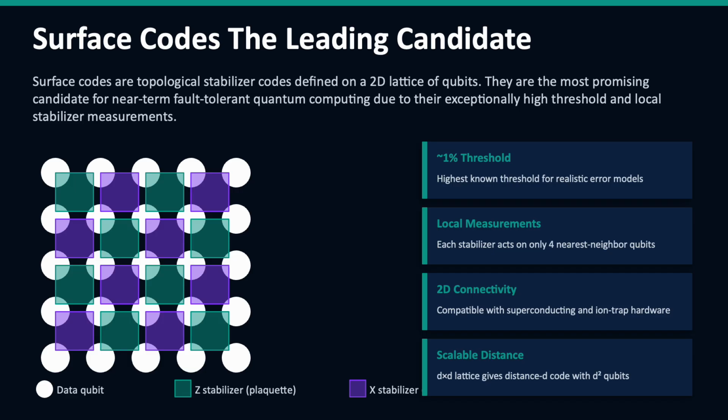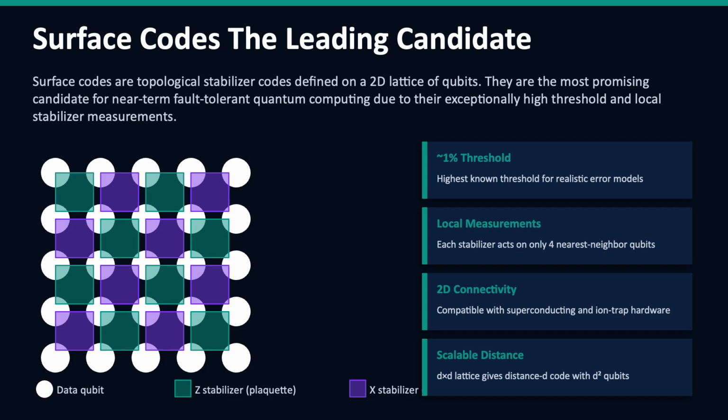The error detection in a surface code works by periodically performing a large number of small local checks across the entire grid. Each check involves just 4 neighboring qubits. 2 types of checks alternate in a checkerboard pattern across the grid. When an error occurs on a qubit, it shows up as a disturbance in the 2 adjacent checks that involve that qubit.